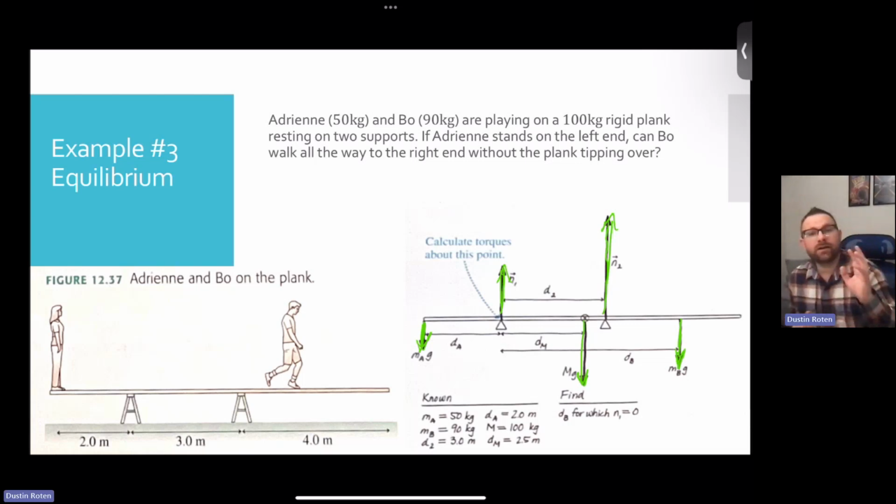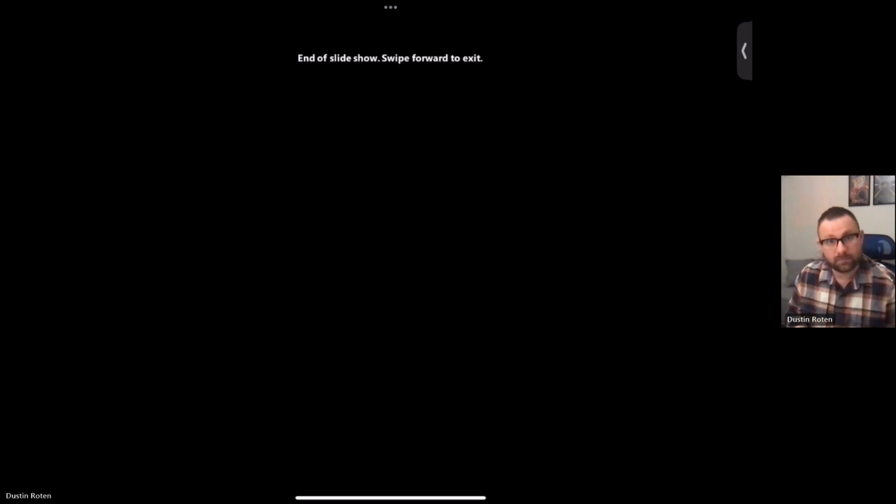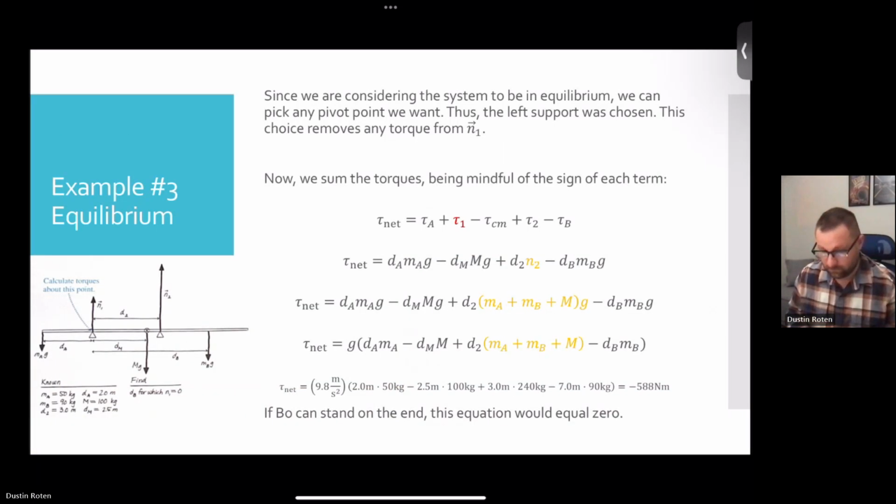Okay, since we are considering the system to be in equilibrium, we can choose any pivot point we want.